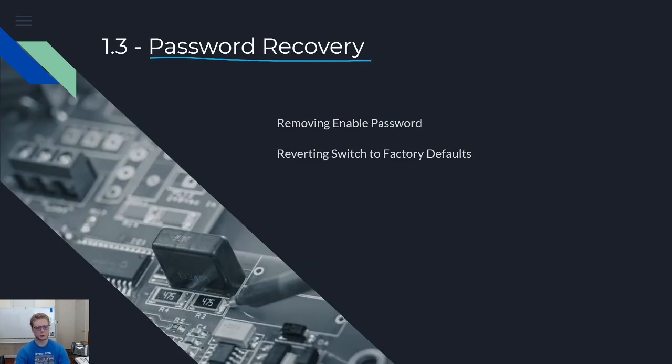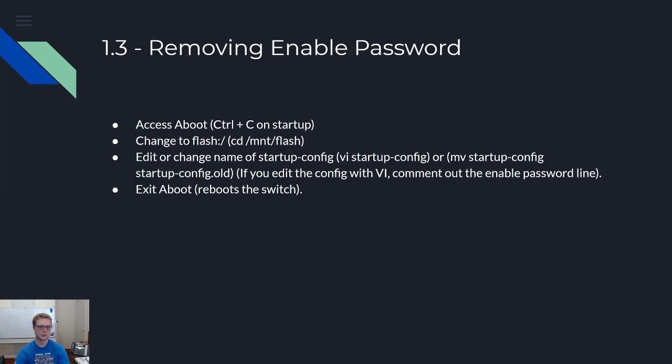So for password recovery, we can do things like remove enable password and revert switch to factory defaults. So removing our enable password, we would need to access Aboot by maybe hitting Control-C on startup. Obviously, if we have a working EOS, we don't need to do that.